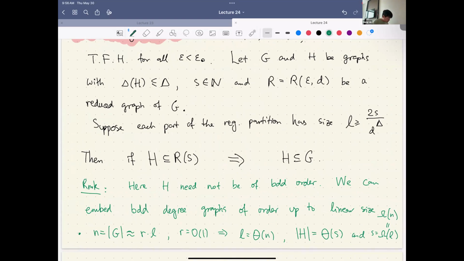Okay. All right. So let's give a proof, a sketch of the proof of this statement.